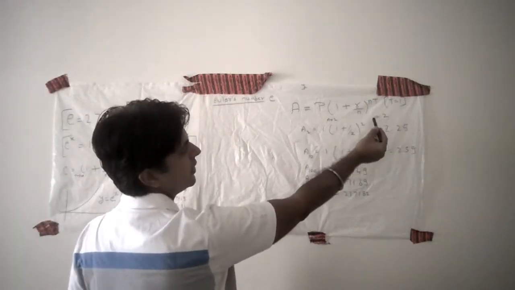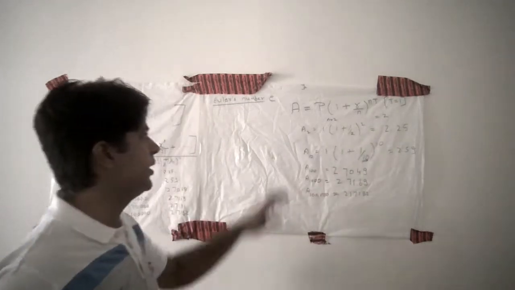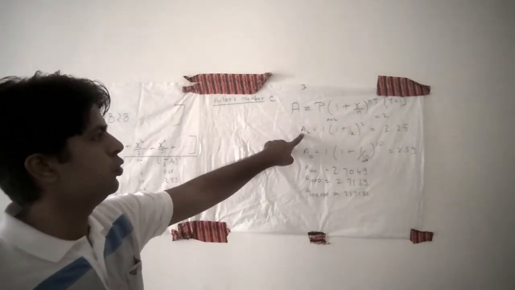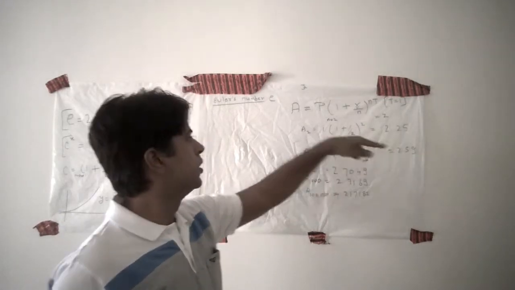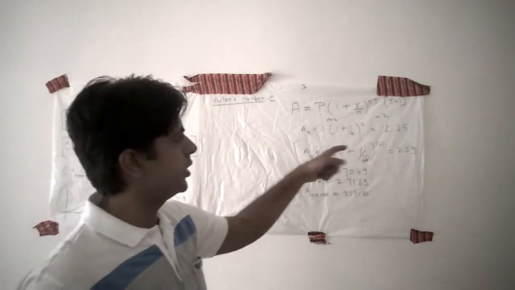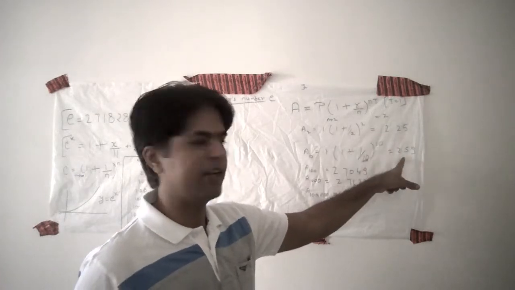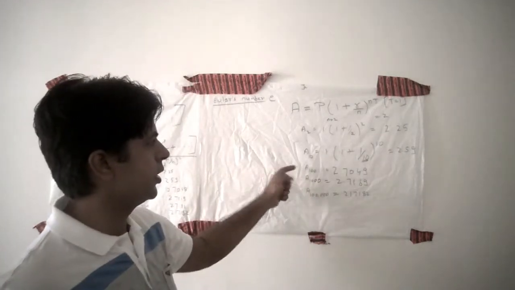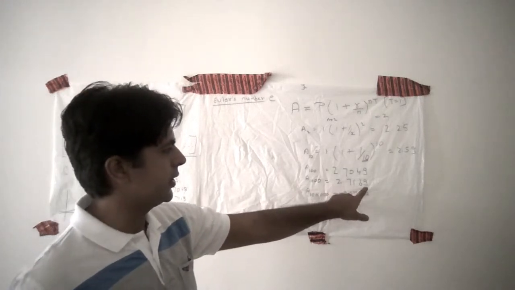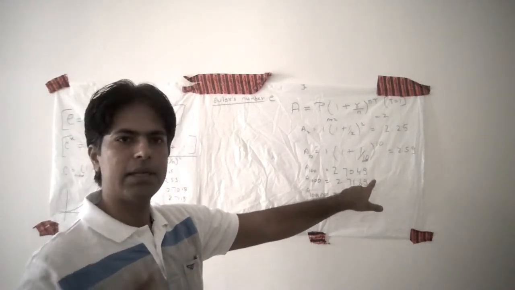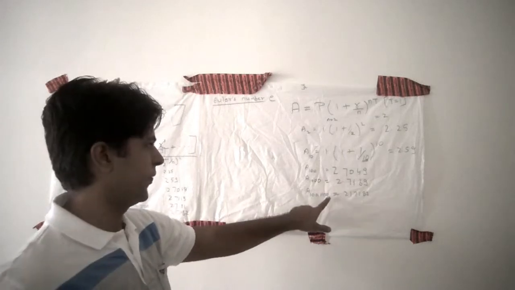when you are increasing n initially from 1 you made it 2, amount became 2 to 2.25. When you further increased it, this became 2.59. You keep on increasing it. This is 2.70497169. This increment is getting slowed.